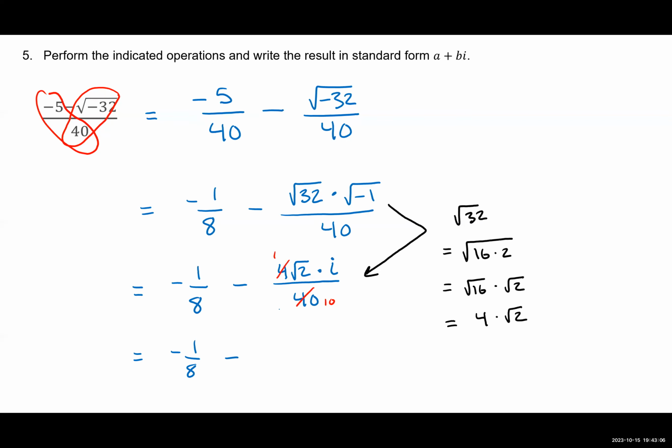And it looks like on top we've got the square root of 2 times i, and on the bottom we've got the number 10. And there's our answer. We just tend to put the i separate from the number in front. So we could say negative 1 over 8 minus the square root of 2 over 10 times i.